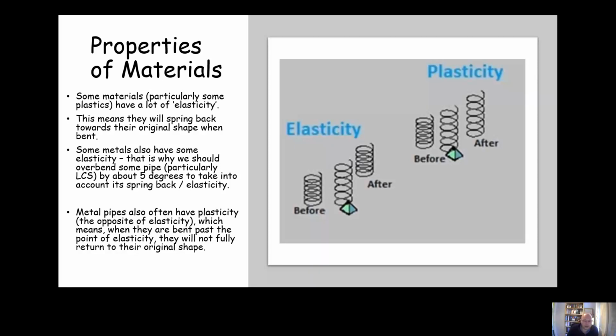Also worth being aware of plasticity. Plasticity is when things don't spring back. When you bend anything past its point of elasticity, then it will suffer what's called plastic deformation. Essentially, it won't return back to its original shape.